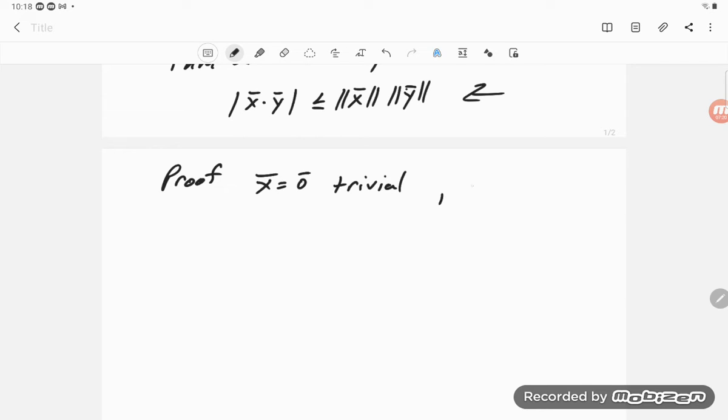So if x is not equal to 0, then we'll take some real number t, and let's look at 0 is less than or equal to the norm of tx minus y, like this.